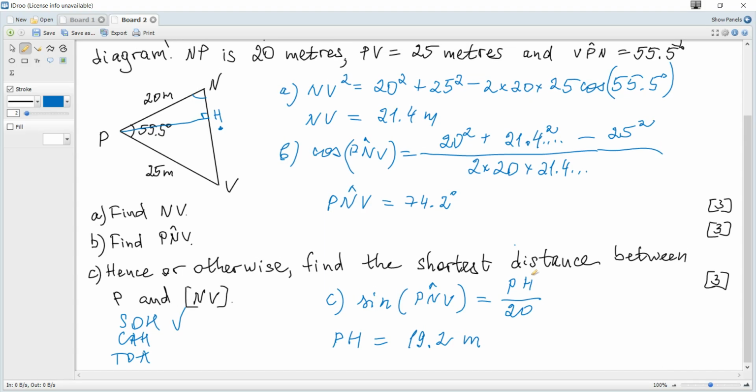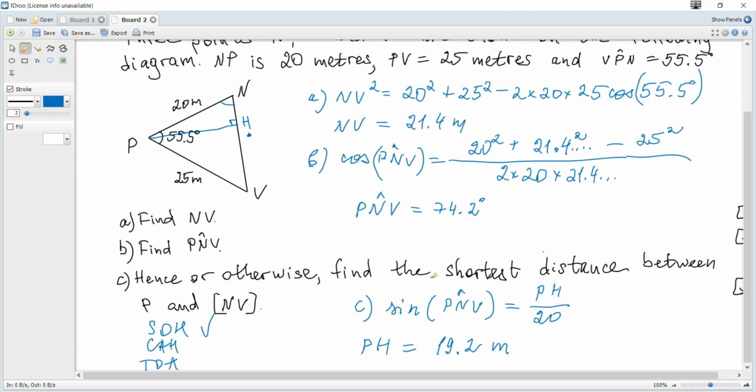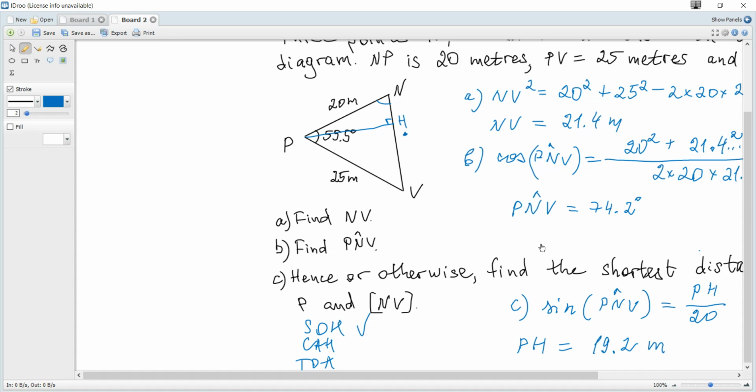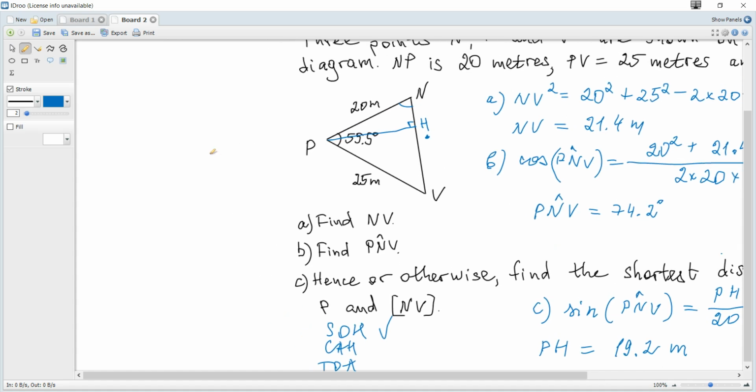Another method, it's not useful here, but in general we know that the area of a triangle is a half times 2 sides times sine of the angle between them, so it's half times 20 times 25 times sine of the angle between them. And also we know that the area of a triangle is equal to half times base times height.